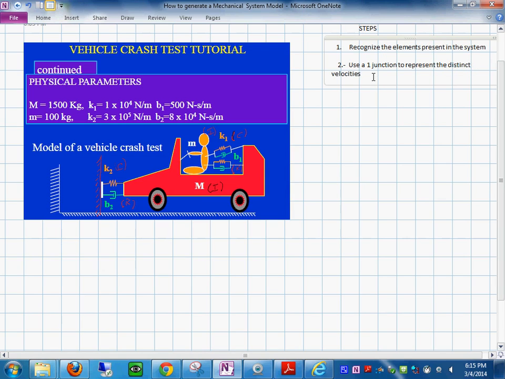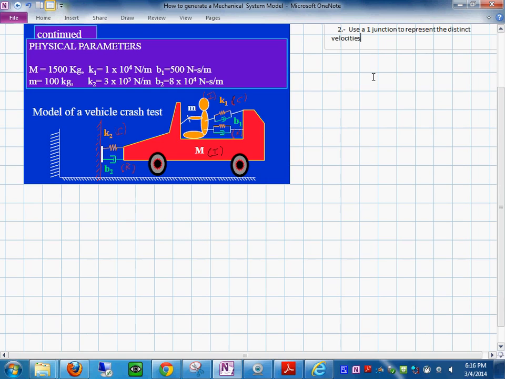All right, so let's do that. Let me move down here, and I would say the velocity of this mass over here, I'm going to represent with a one junction, and I will call this the velocity of the car.